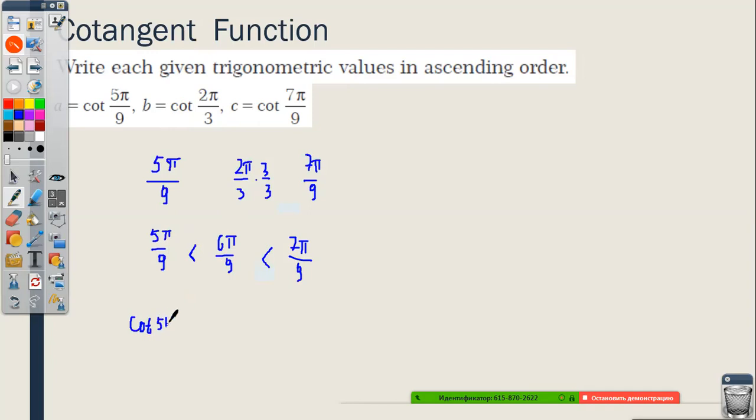So cotangent 5 pi over 9 is the greatest one. Cotangent 6 pi over 9 is the next one, and then the smallest one is cotangent 7 pi over 9. So here A is the greatest, then B, then C.